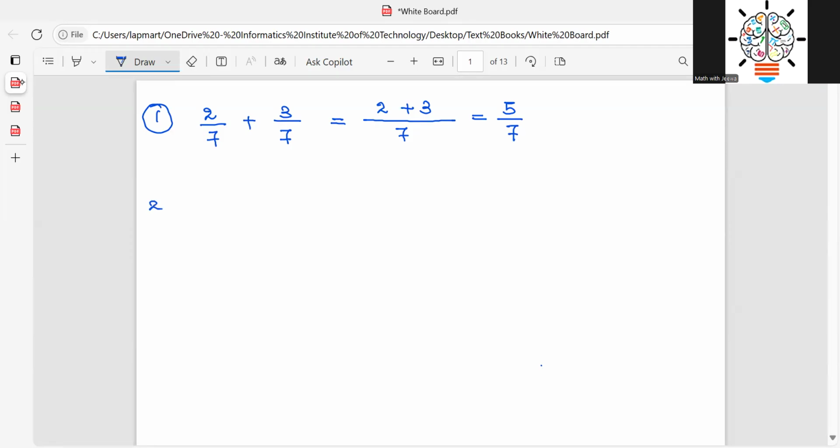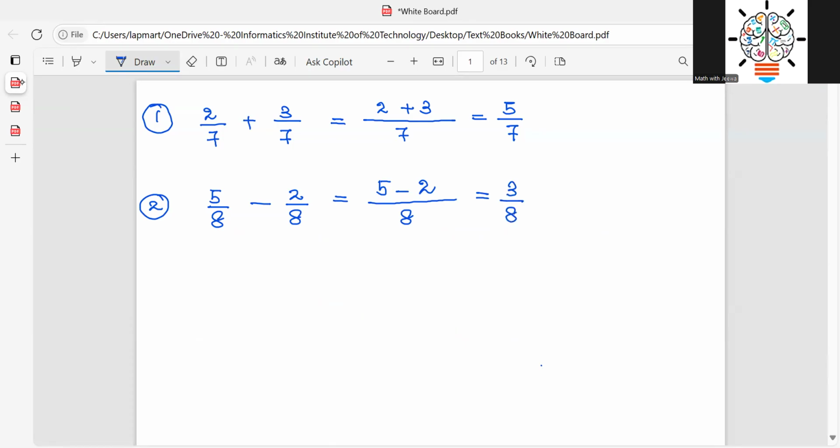And the second one, let's say you have 5/8 subtract 2/8. Again, we have the same denominator. We just draw the longer line like this. The numerators you can subtract, 5 minus 2, the answer is 3/8.